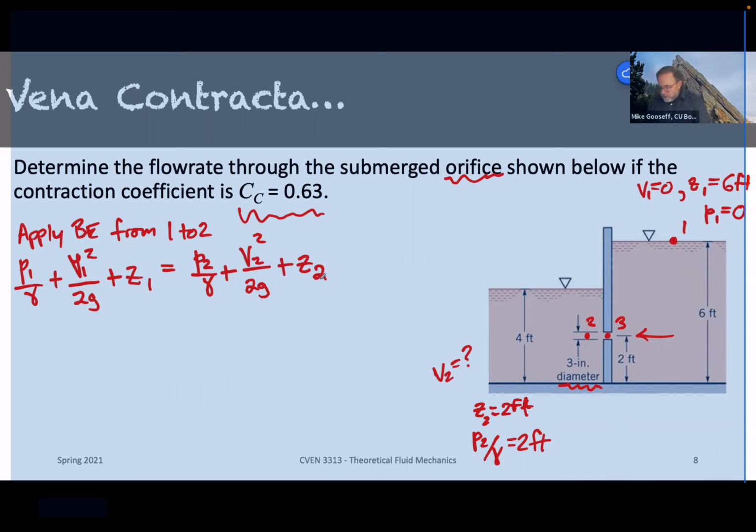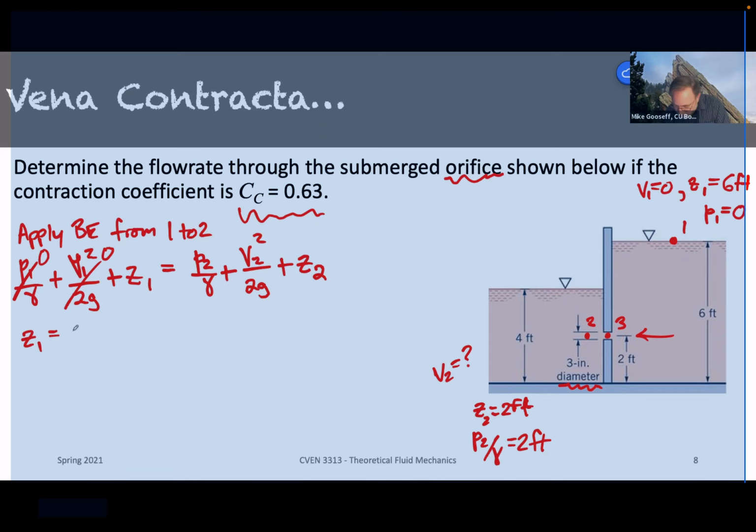Now, let's see. I guess we have all the things we need for 1 as well. So what did we say? The P1 goes to 0 and V1 goes to 0 as well. So we have Z1 is equal to, we added that, we don't know that, we have 2.